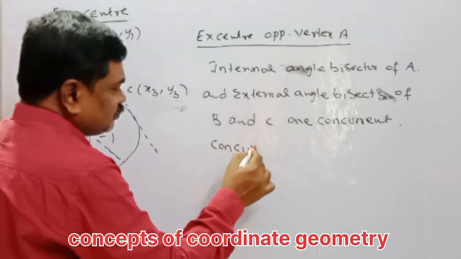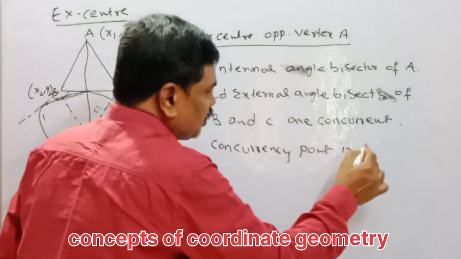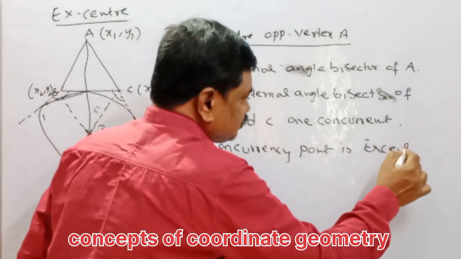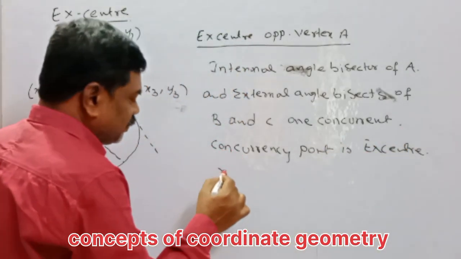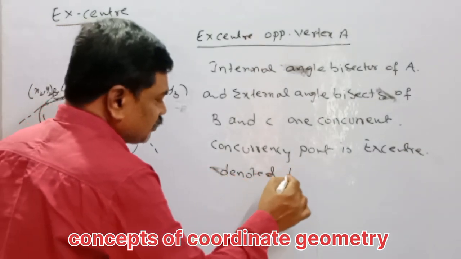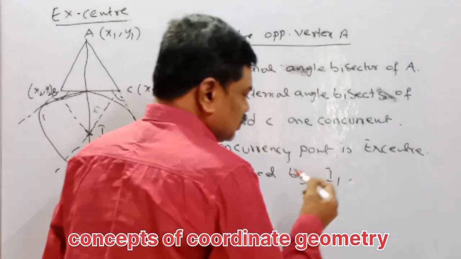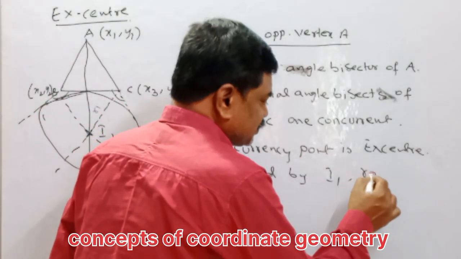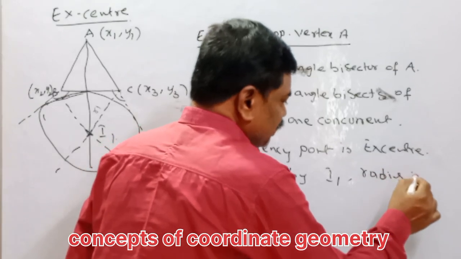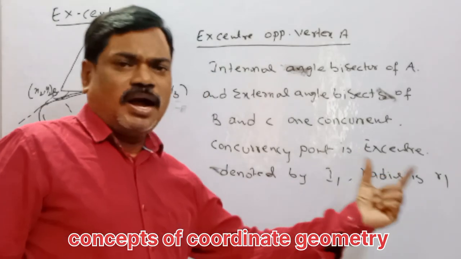The concurrency point is the excenter, denoted by I1, and the circle radius is R1. Okay, I1, R1.